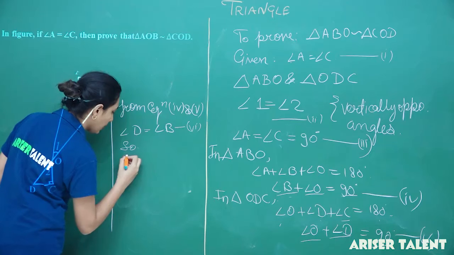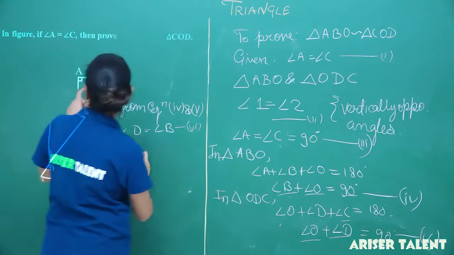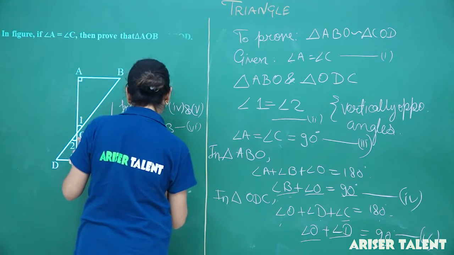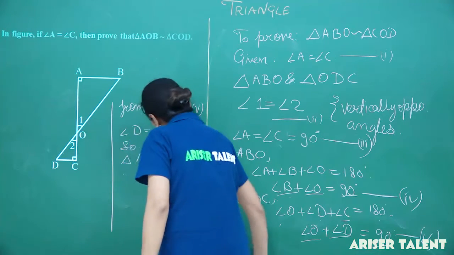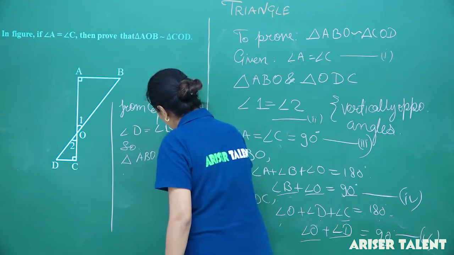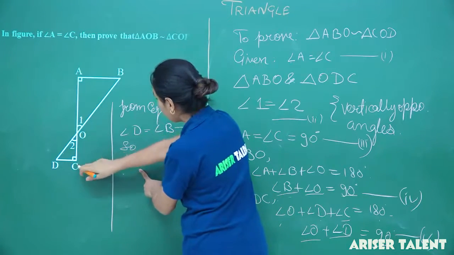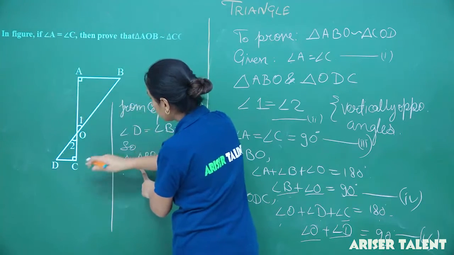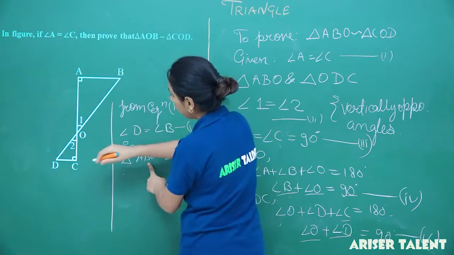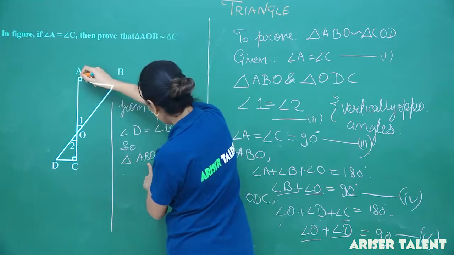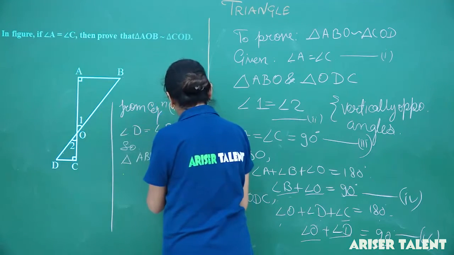So, triangle ABO will be similar to which triangle? A was equal to C, so C, B is equal to D angle, and O is equal to O angle.